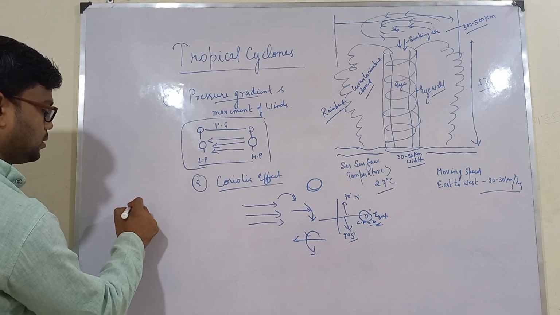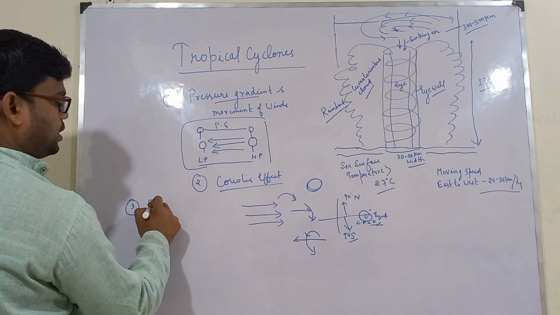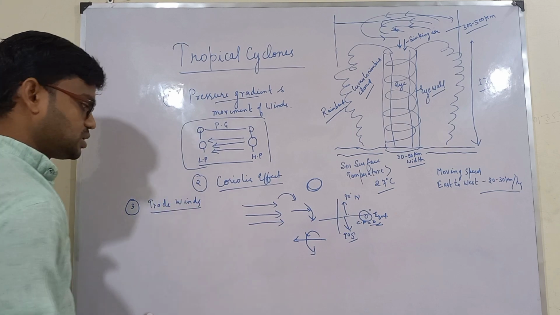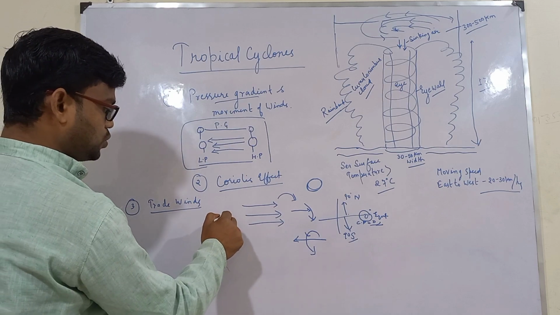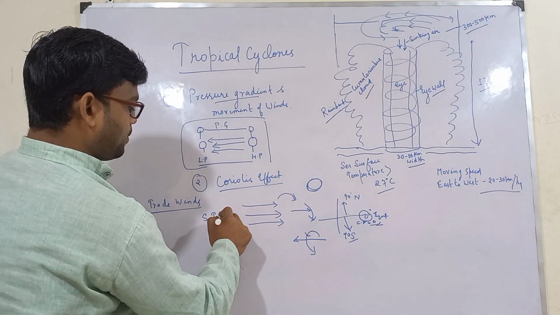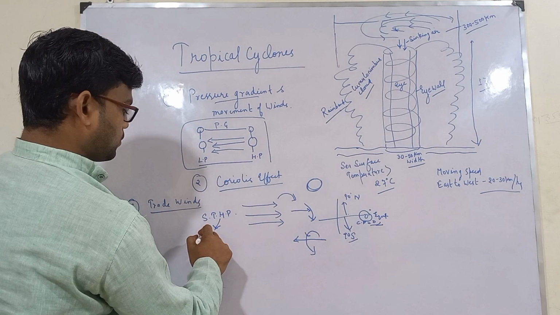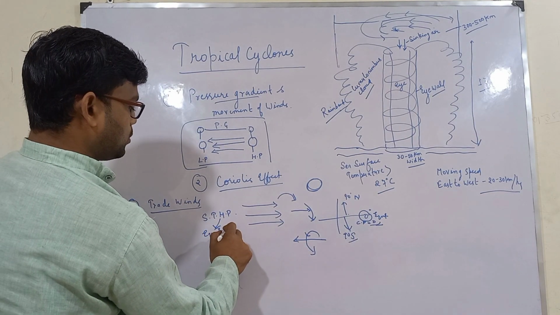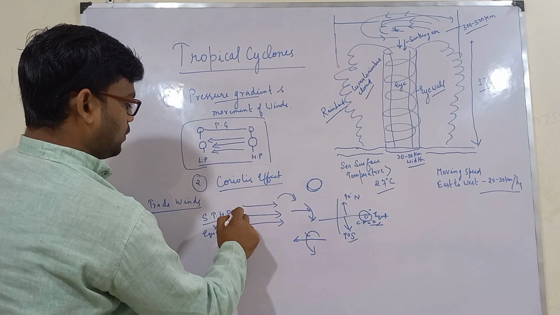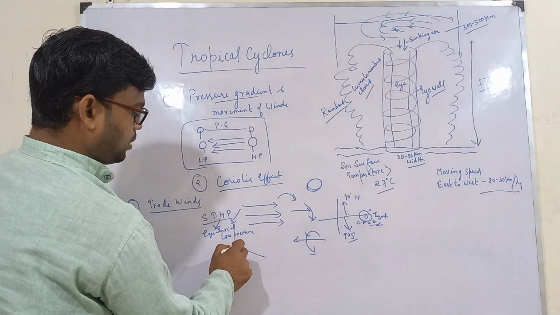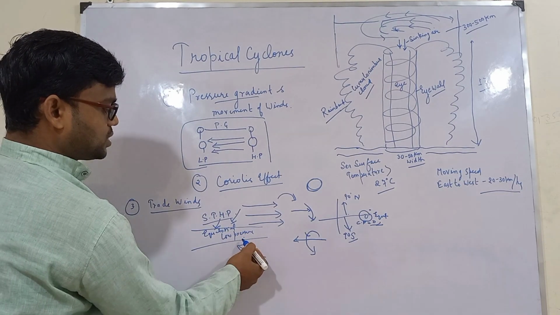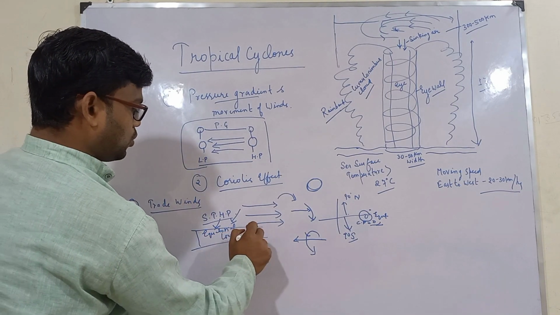Third one is trade winds. Now what are these trade winds? These trade winds are planetary winds which blow from subtropical high pressure regions towards equatorial low pressure regions, means from the northern hemisphere also, from the southern hemisphere also, these winds move towards the equatorial low pressure areas and converge here at the equator.